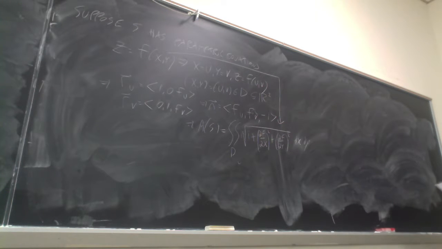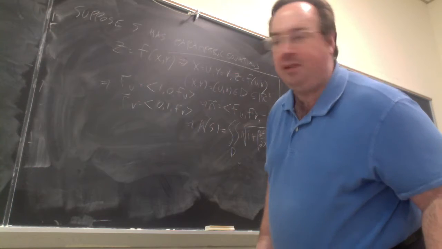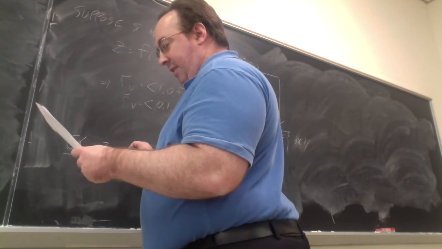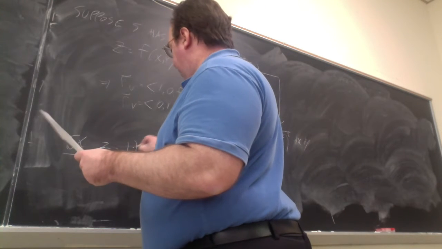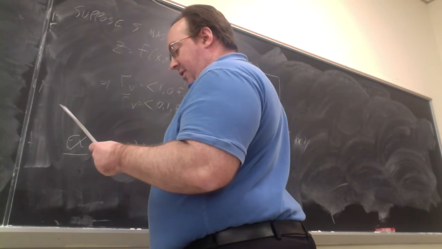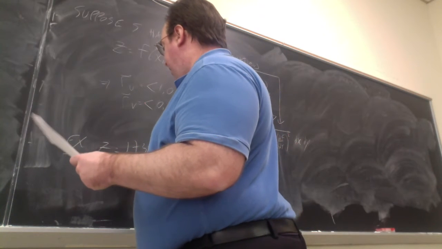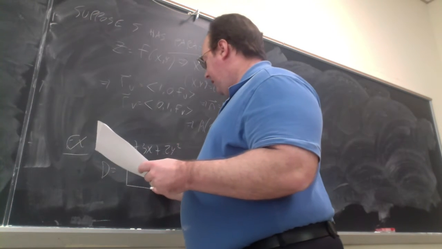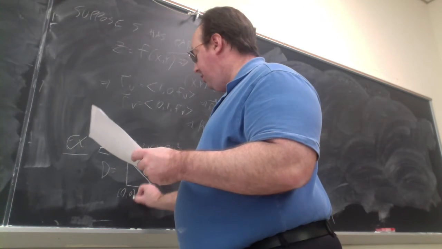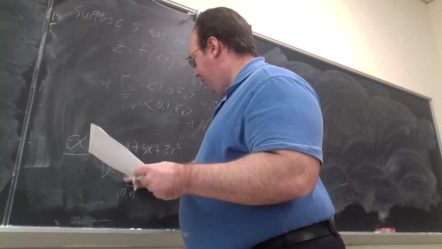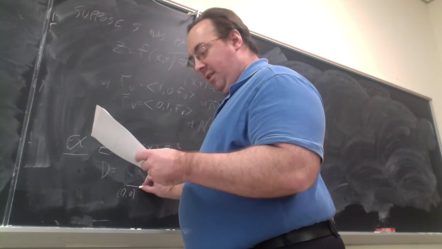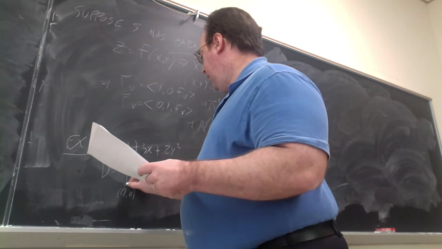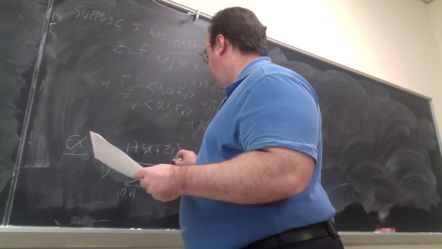Okay. So, for example, z is equal to 1 plus (3x plus 2y) squared. And your domain D is the triangle in two-dimensional space with vertices (0, 0), (0, 1), and (2, 1).